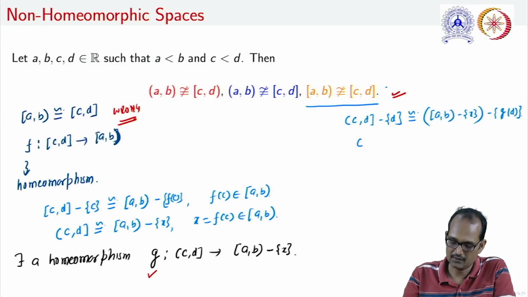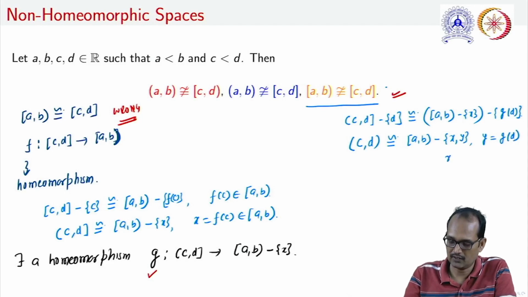This is simply the open interval (c, d), which will be homeomorphic to this semi-open interval minus the set {x, y}, where y is equal to g(d). It is to be noted here that x cannot be equal to y.